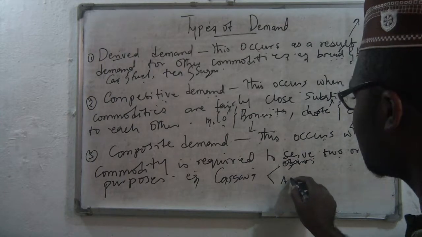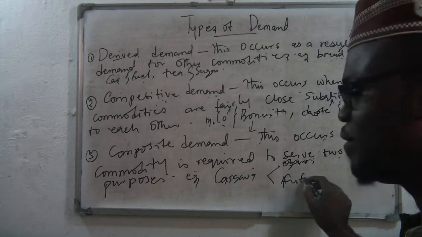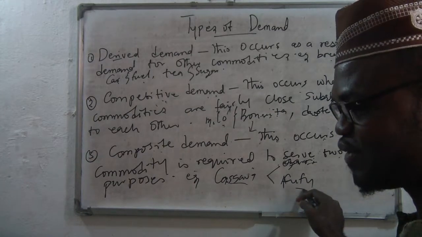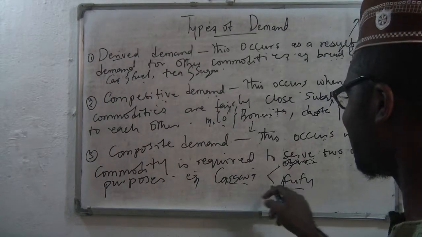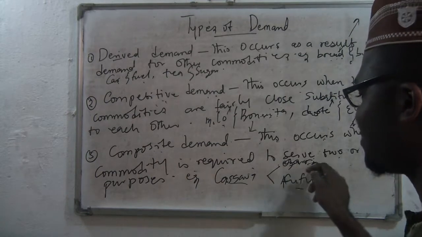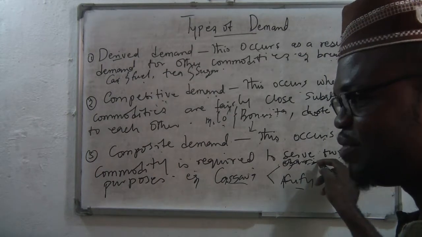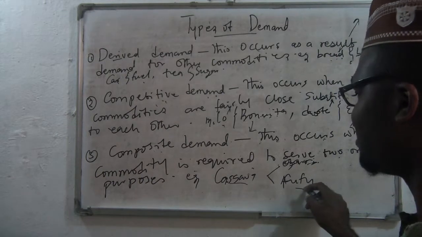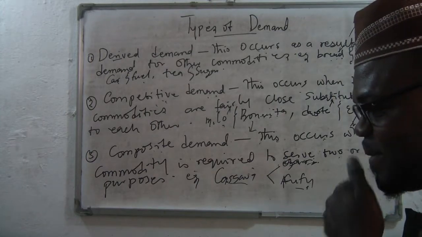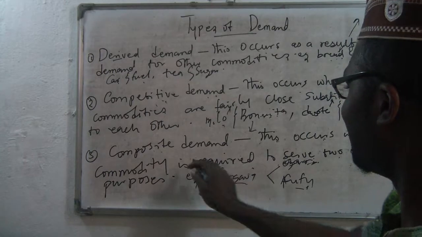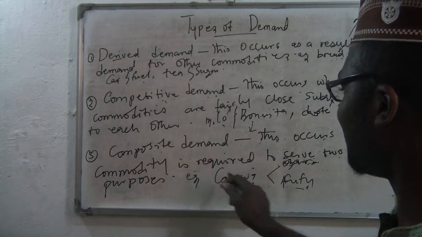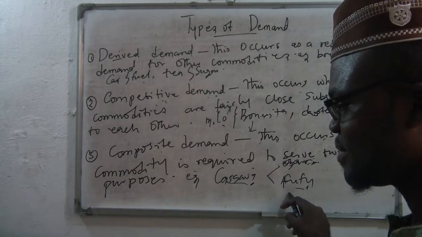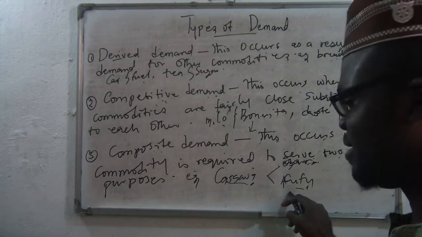Fufu. You can use cassava to make gari or to make fufu. When you process your cassava very well, it turns into gari. But when you use it after the basic processing, it will be fufu. So cassava is going to have what we call composite demand.